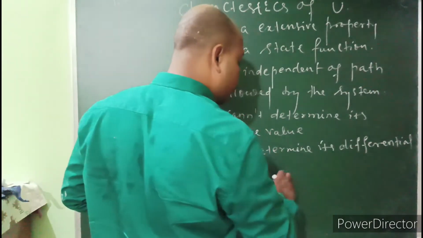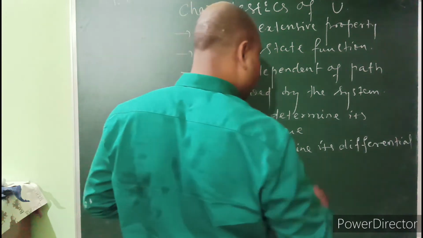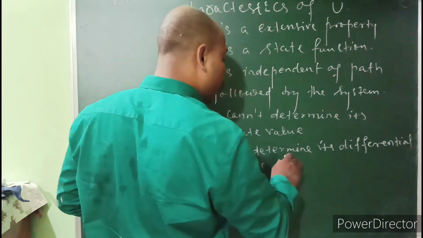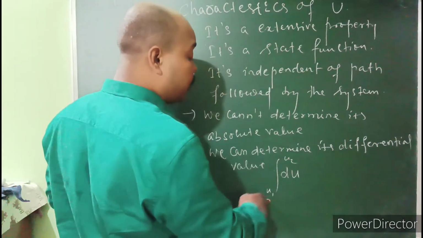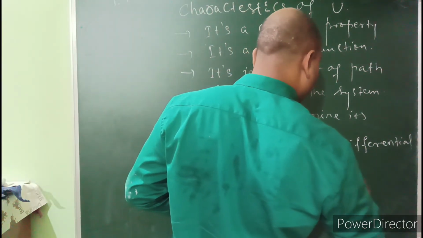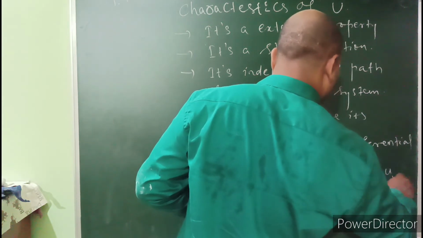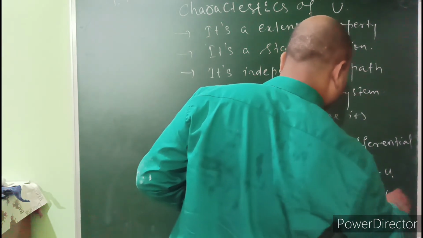That is, we can say dU, integration from U1 to U2, initial internal energy, final internal energy, equals U2 minus U1 equals del U.